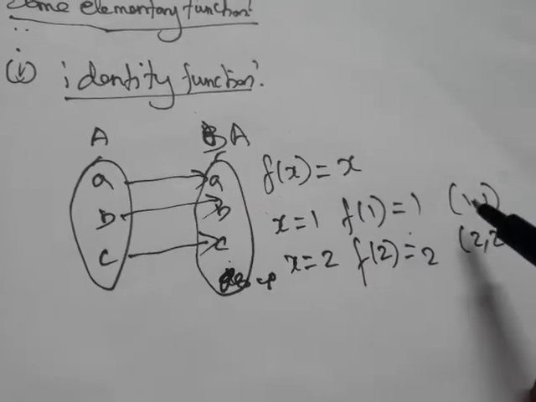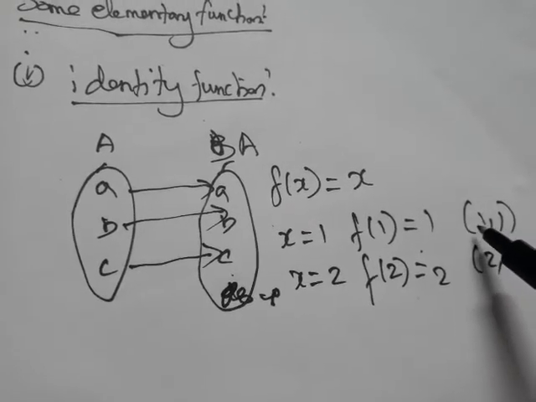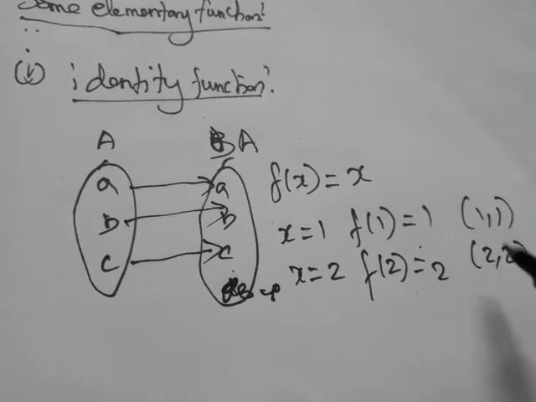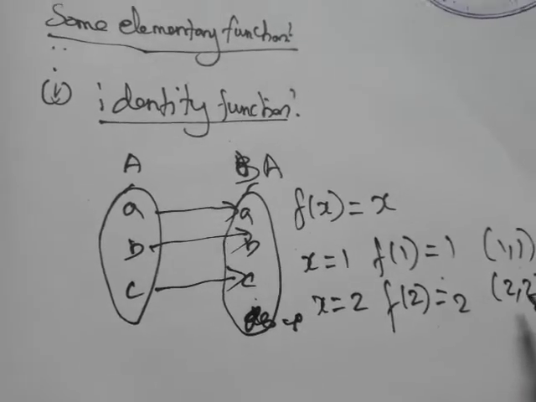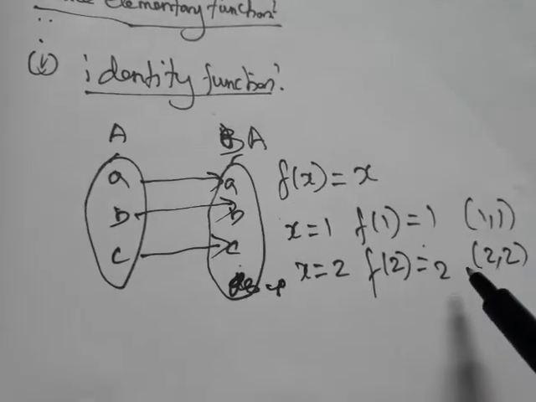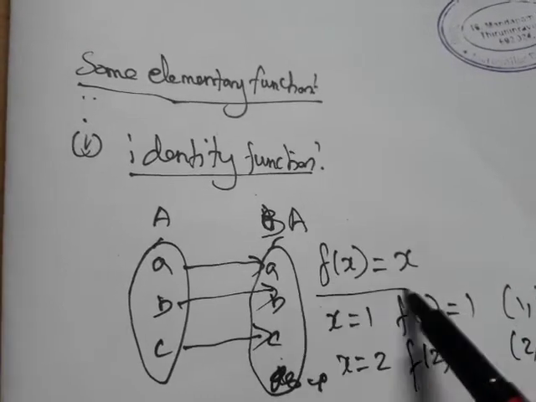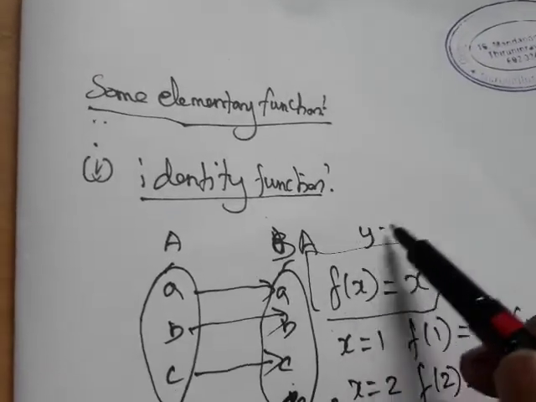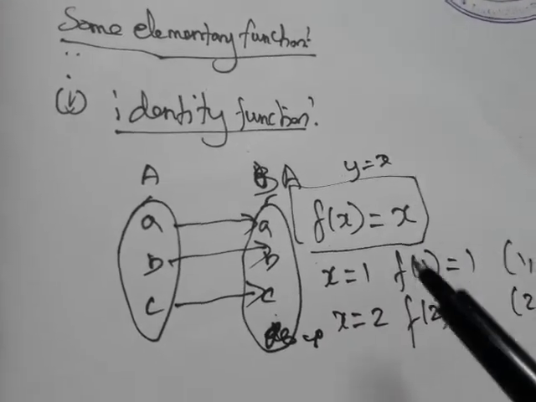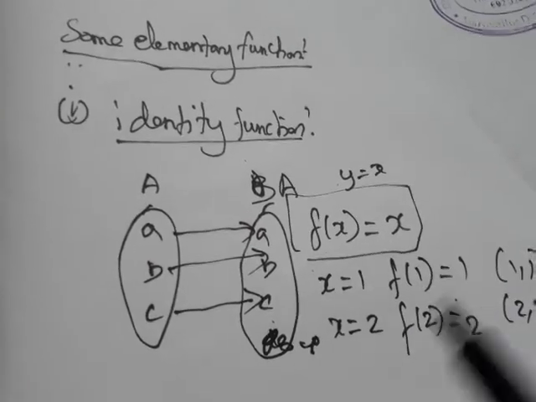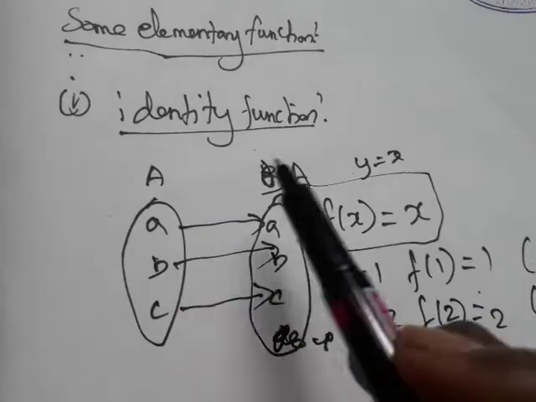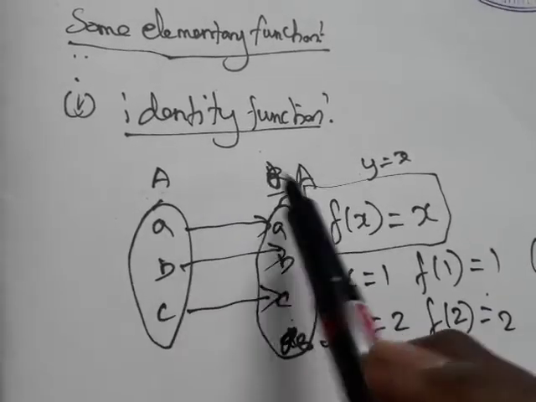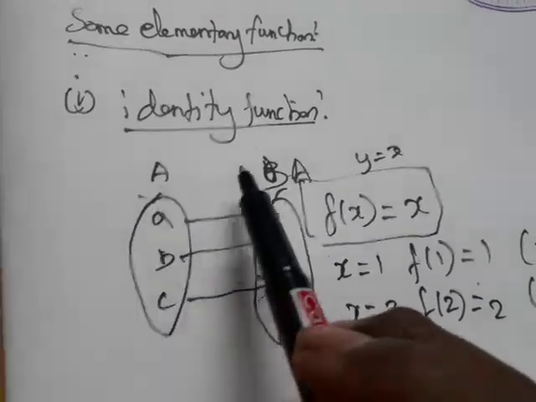This type of element related with the same element is called an identity mapping or identity function. You understood what I mean by identity function? Identity function is nothing but f of x equal to x or y equal to x, which means every element in the domain maps to the same element in the codomain. Here domain and codomain are the same set, a to a, x to x, b to b, like that.